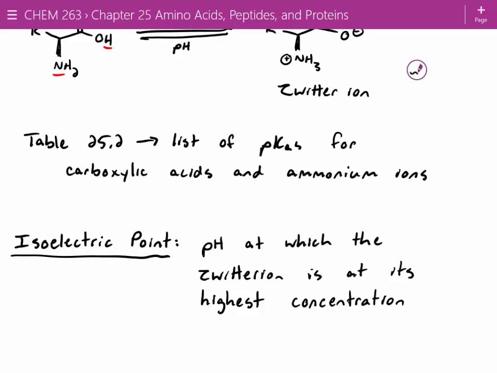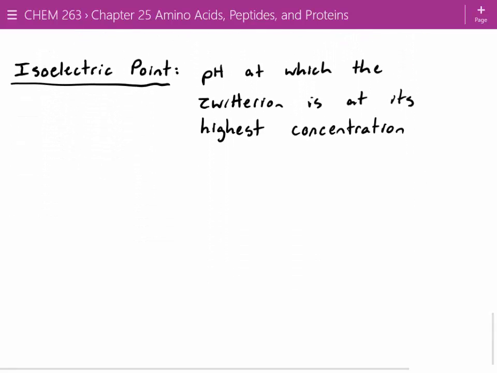And the calculation for the isoelectric point is actually very straightforward. This is called pI. That's the isoelectric point.